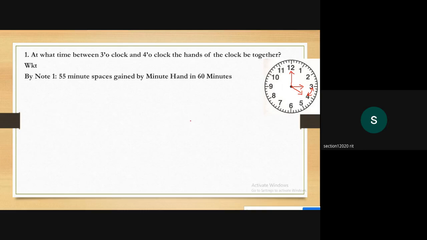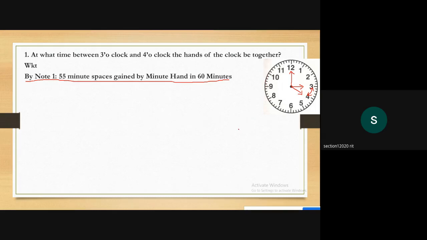So take note number 1. I'll take this note number 1 as very important, because with it you can solve all problems of this type. Okay, what is given is 55 minutes spaces. What do they mean by spaces? For example, from 9 to 10, if we count the spaces, 1 2 3 4 5.